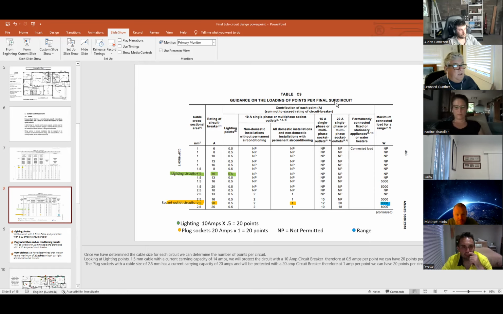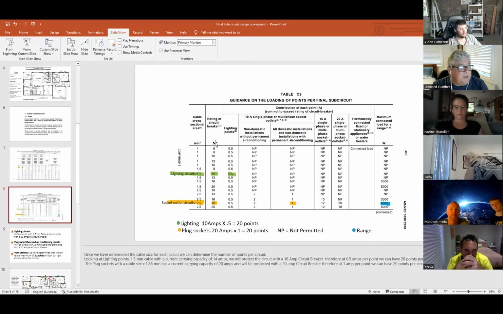Okay, so if we look here, we've got the cross-sectional area of cable in millimeters squared, and the green one is lighting circuits, as I've highlighted there, 1.5. This is our circuit protection. In this column you can see it's A for amps, with numbers going down that column.